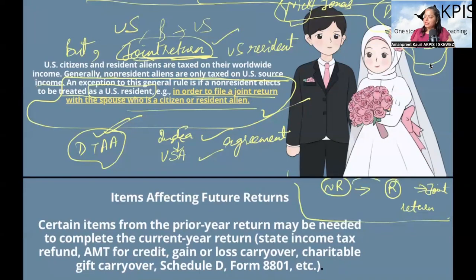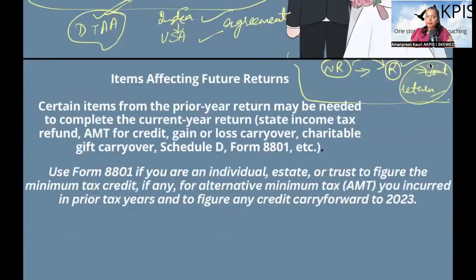But if you elect to be a resident, then automatically your worldwide income would be subject to tax, right? Whether earned in the US or not. So in that very particular situation, you are supposed to pay tax since you have elected to become a resident by filing a joint return with your spouse. You are supposed to pay tax on worldwide income because now you are a resident and not a non-resident. That's an important thing.